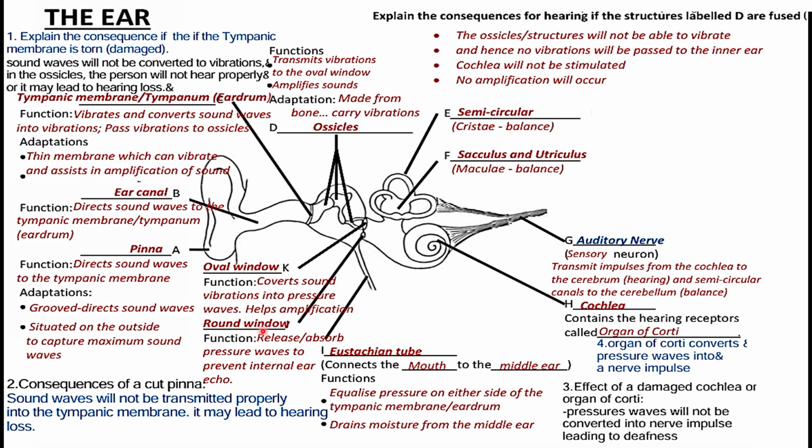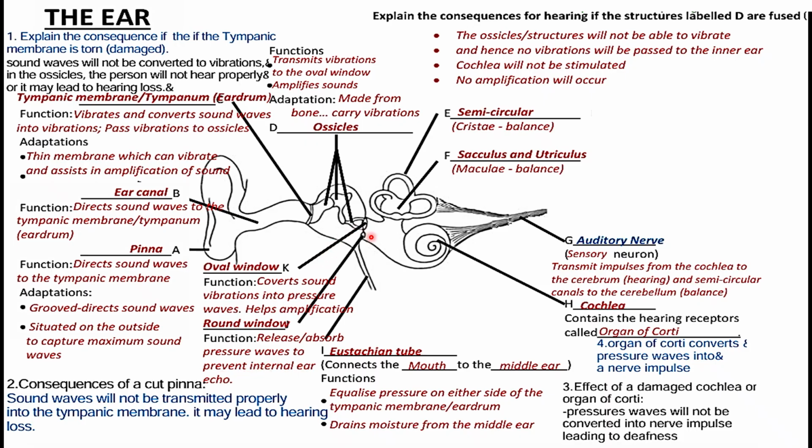If you look at the round window, it also functions in the following way. It is there to release or absorb pressure waves with the aim of preventing internal ear echo. So the round window is there to absorb pressure waves to prevent internal ear echo.